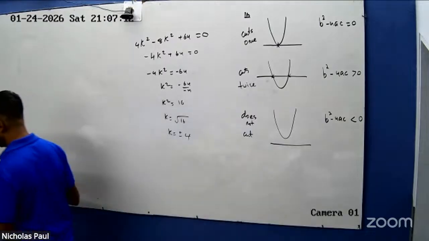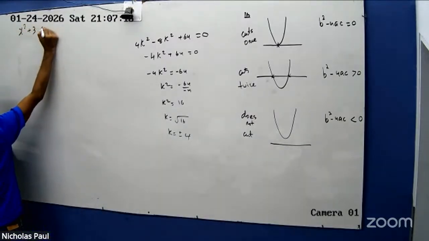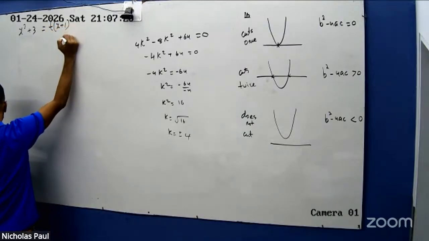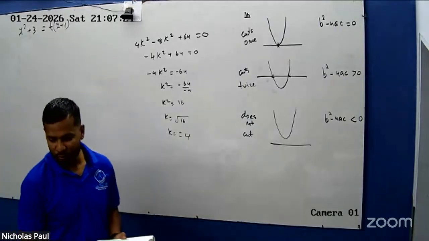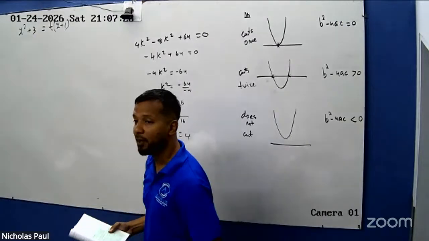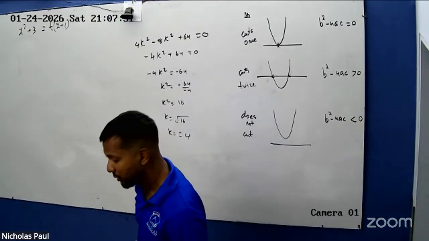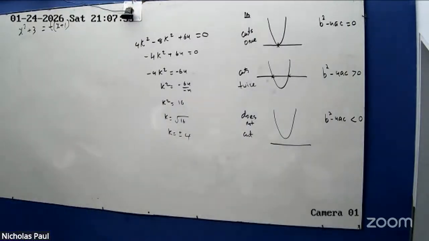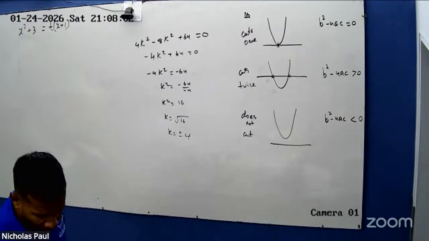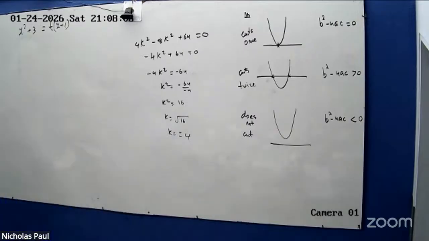If the equation x squared plus 3 is equal to t by x plus 1 does not have real roots, find the range of values of t.